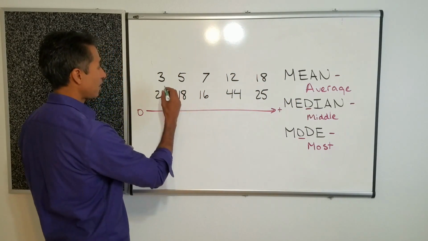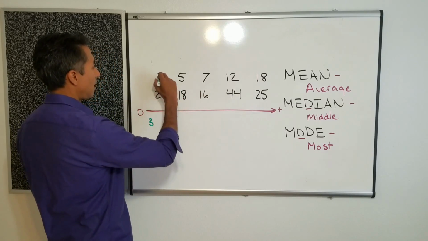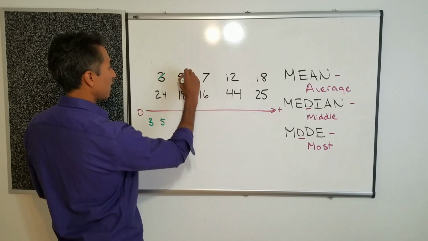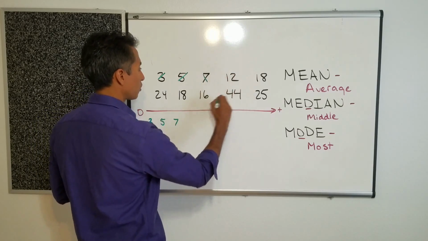Let's go through this together. What's the smallest number here? I have a 3, and then I have a 5. Is that right? Yep, and then I got a 7, and then I have a 12.